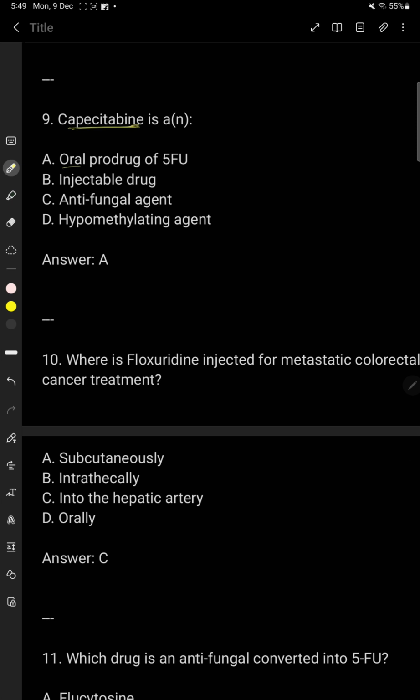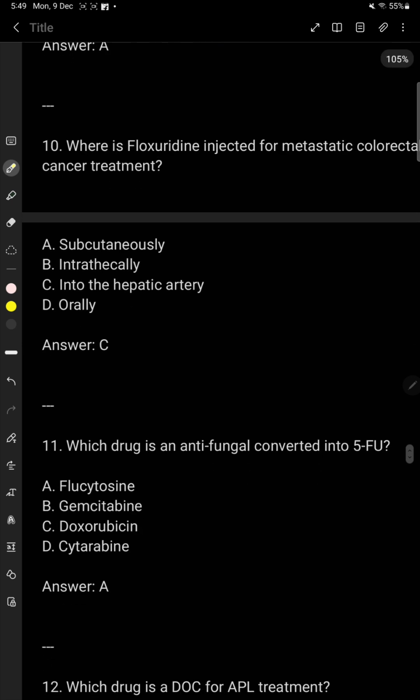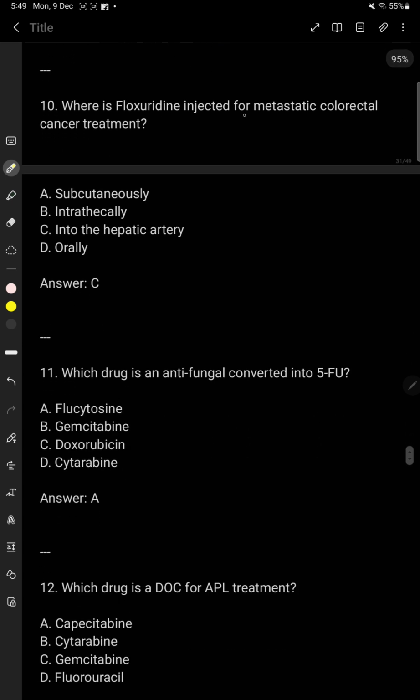Capecitabine is an oral prodrug of 5-FU, and it is used in the treatment of breast cancer. Whereas fluoxuridine is injected for metastatic colon cancer treatment.